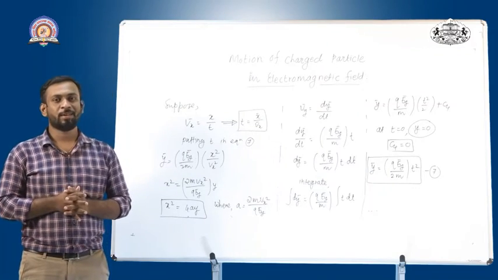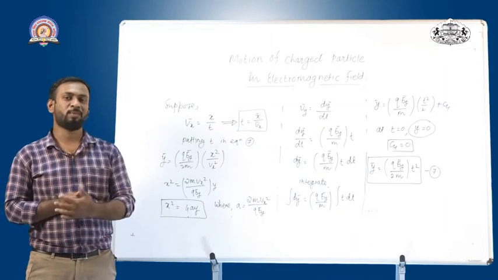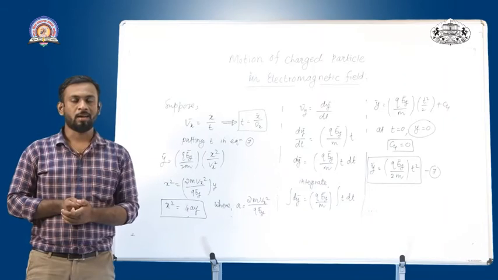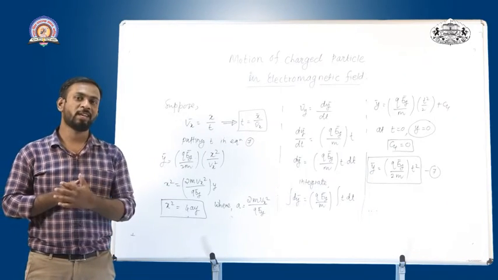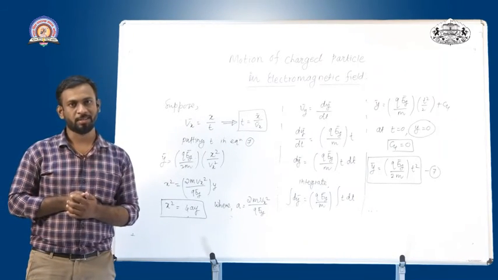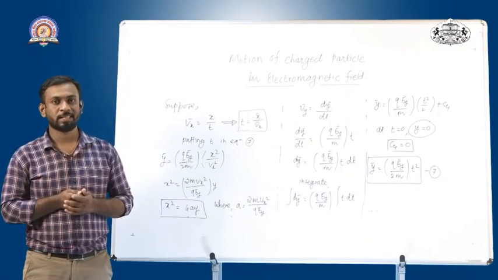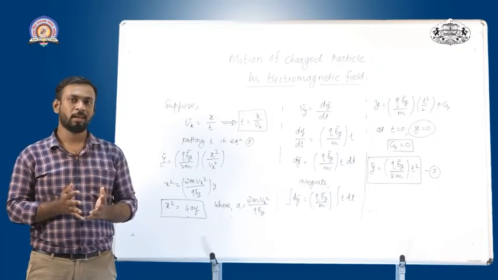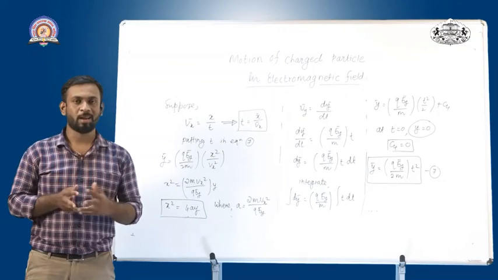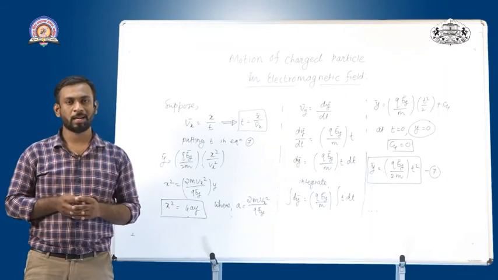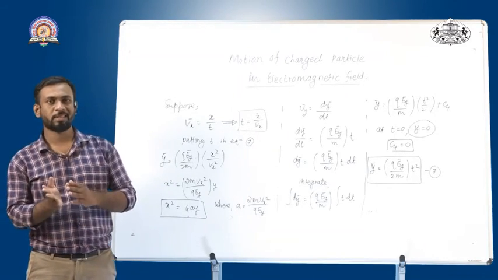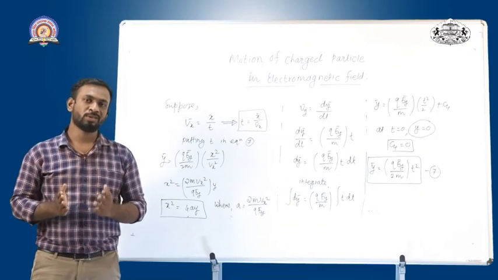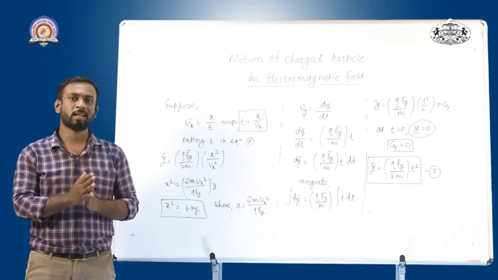In the next lecture we'll discuss the second part of our talk, that is the effect of the magnetic field on the motion of the charged particle. We will discuss the motion of the charged particle when we apply a parallel magnetic field, a perpendicular magnetic field, and when the velocity of the charged particle makes a certain angle with the magnetic field, and what the motion will be.